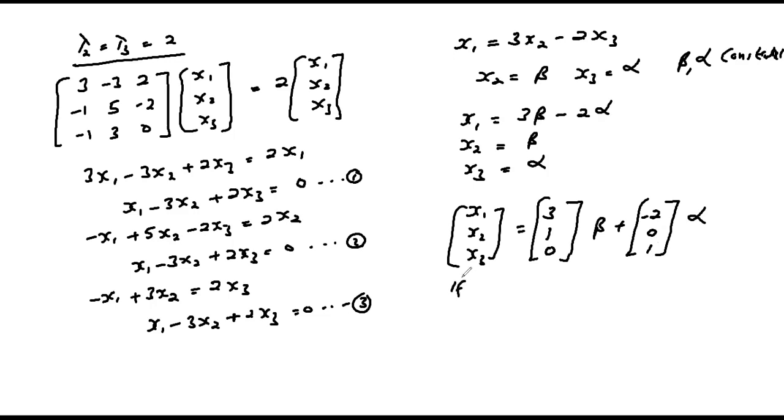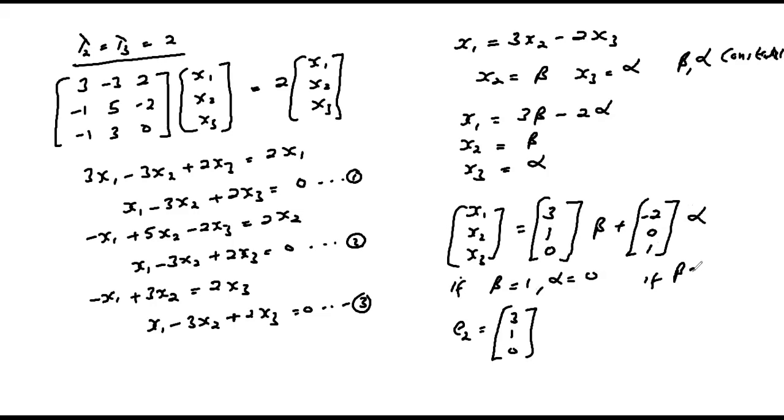Then we say if beta is equal to 1 and alpha is equal to 0, the simplest values, then we get the values of x1, x2 as follows. Our second eigenvector will be 3, 1, 0.